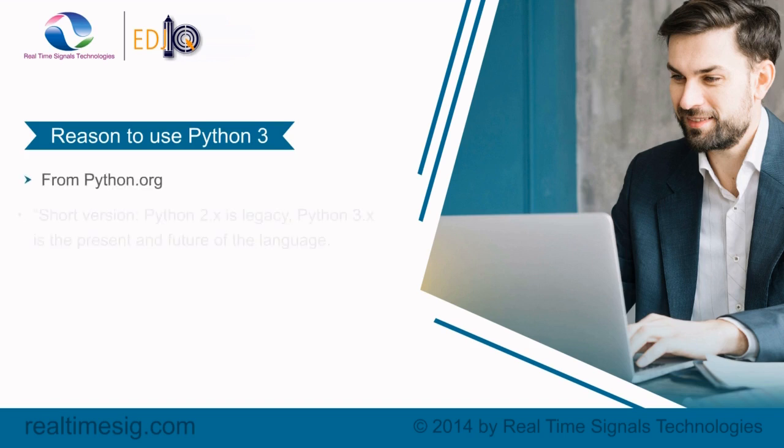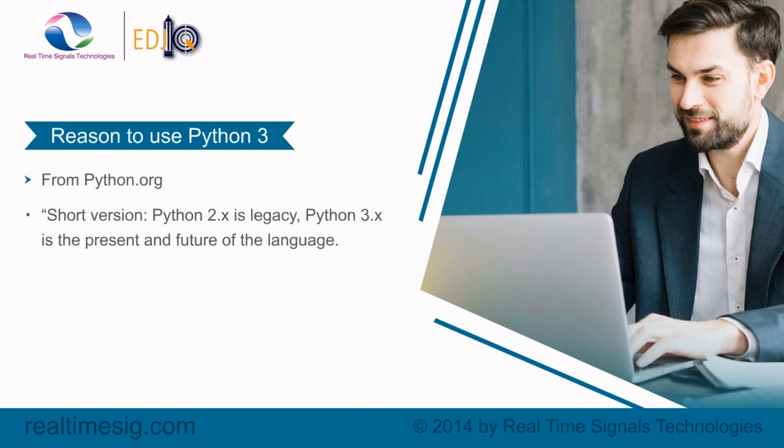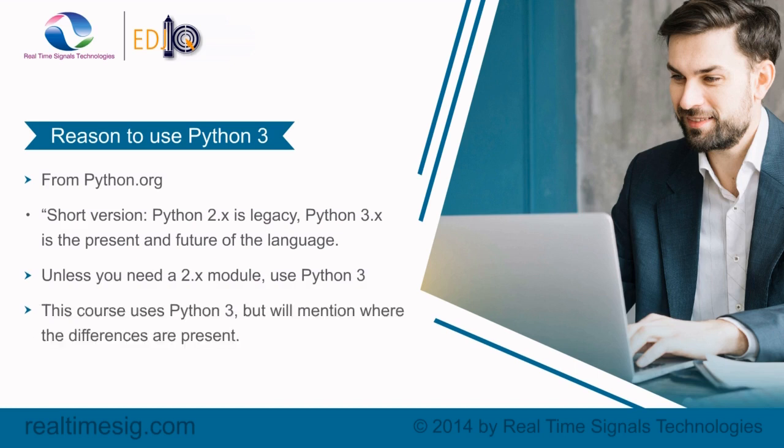Reasons to use Python 3: the python.org website basically explains Python 2.x is legacy and Python 3 is the present and future of the language. So unless you use a module from Python 2 that has not been updated to Python 3, you should be using Python 3. This course uses Python 3, but we will mention wherever there is a difference in Python 2.